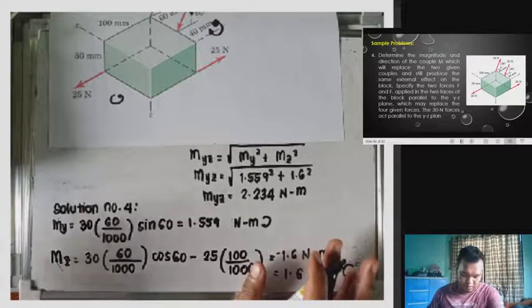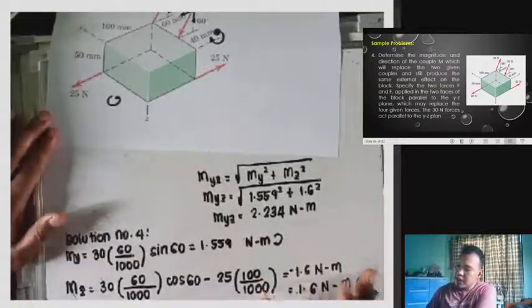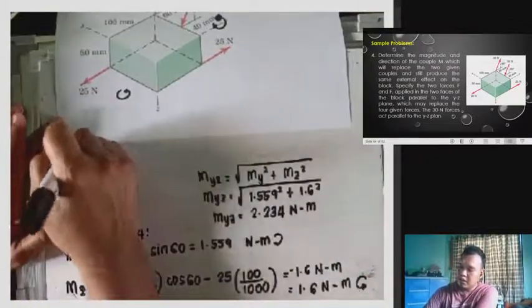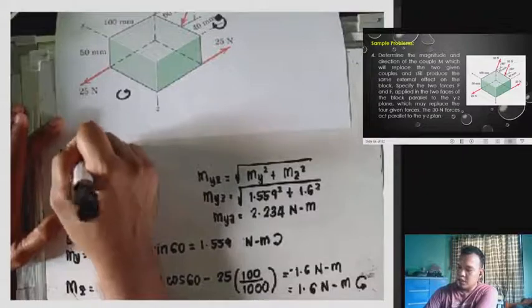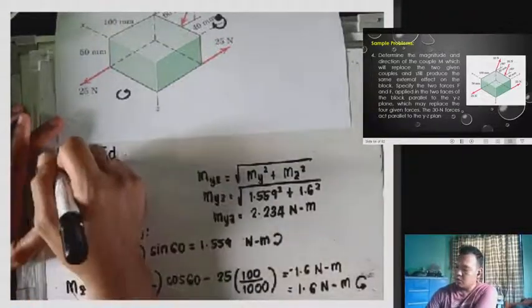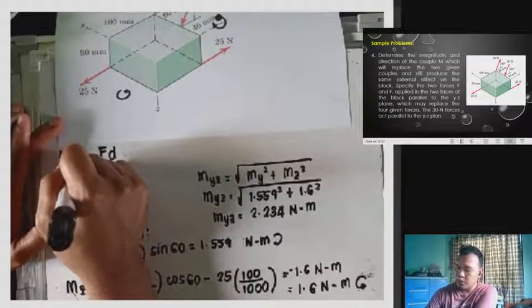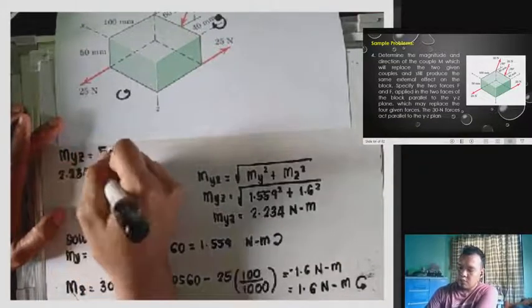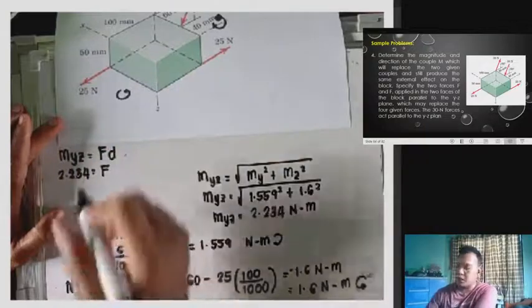No? Okay. So, we have here moment yz is equivalent kay force times yung distance. So, we have here moment yz which is equivalent kay 2.234 times yung force which is yung hinahanap natin times yung d.